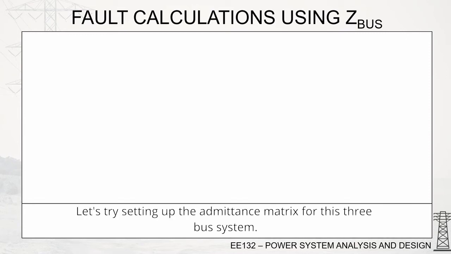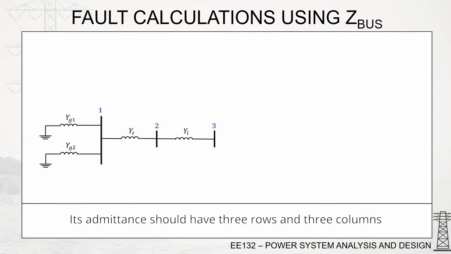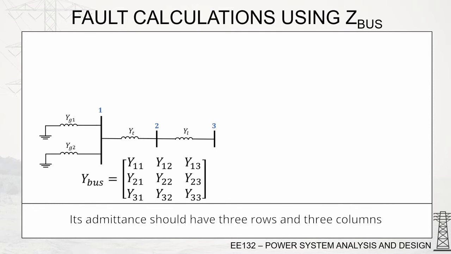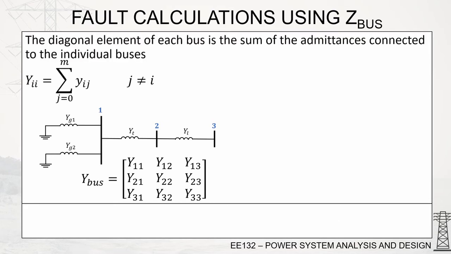Let's try setting up the admittance matrix for this 3-bus system. Its admittance matrix should have 3 rows and 3 columns since we have a 3-bus system. The diagonal element of each bus is the sum of the admittances connected to the individual buses.